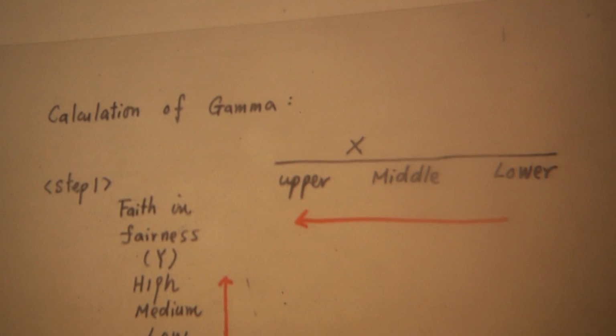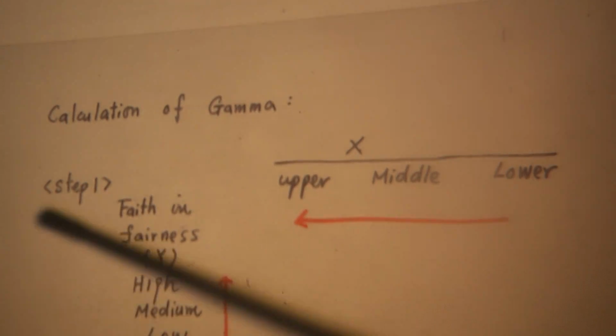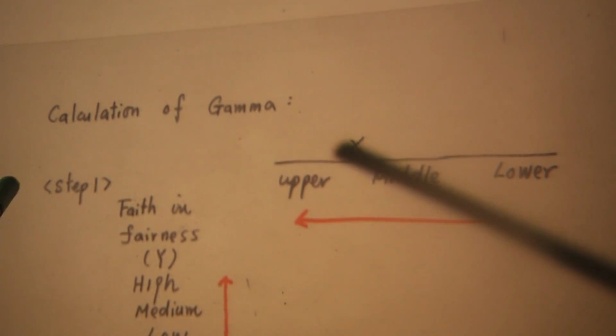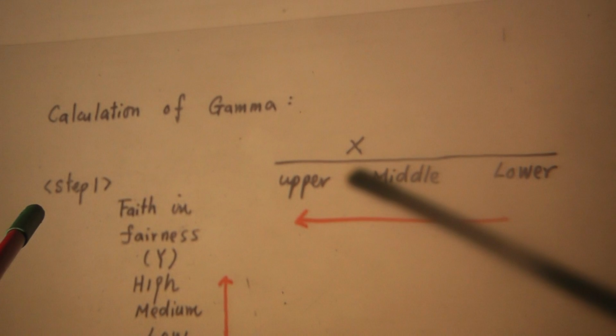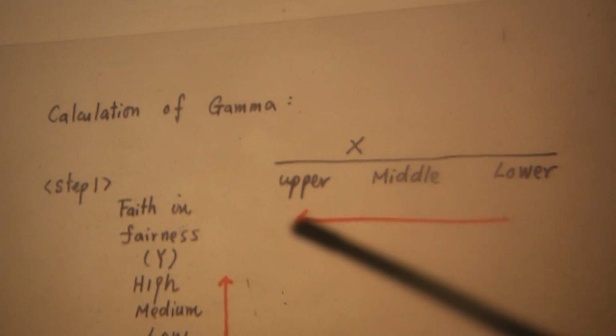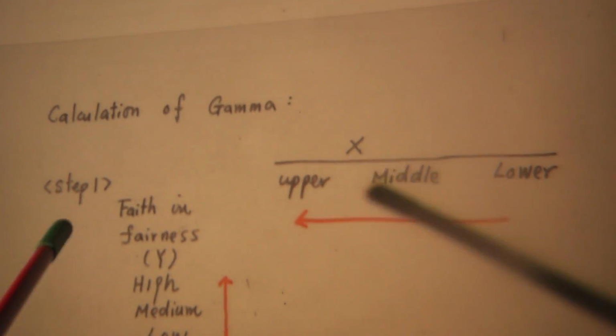Next, we're going to show you how we can calculate the gamma from the given table. Step one, look at the structure of the table. For the X, the social class, look at how we arrange the data: upper, middle, and lower.